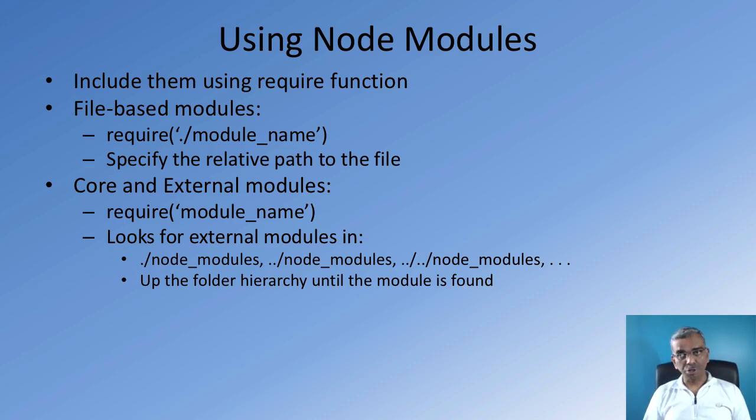If it is an external module, then it will be installed within the node_modules folder in the current folder, or if Node doesn't find the external module there, it will go up to the next higher level folder looking for the Node module, and the next higher level folder and up the hierarchy until it locates the Node module, which will then be imported to be used within your Node application. If it is unable to find the Node module up the hierarchy, then it will obviously raise an error saying that the Node module is missing.